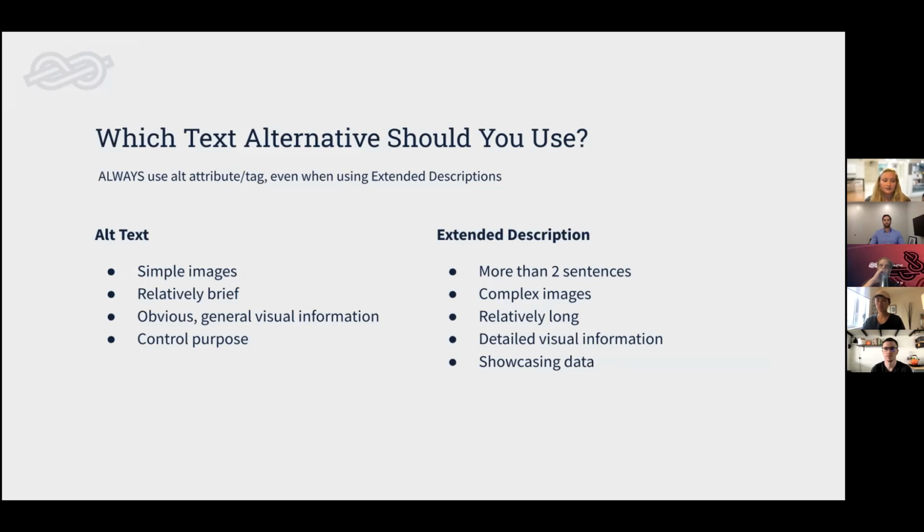Alt text is going to be used for simple images, relatively brief, stuff that's obvious, very general visual information, and when you want to control the purpose of your content for both users and for search engine optimization. Extended descriptions are used when there's more than 2 sentences. Usually these images are very complex, showcasing data or detailed visual information, and they're going to be much longer than your normal alt text.